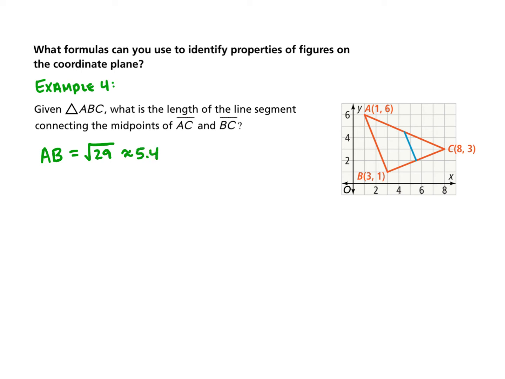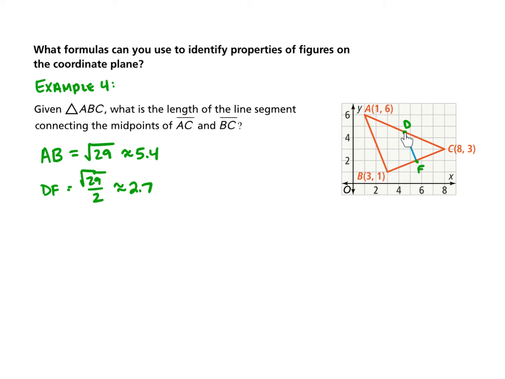If I label this segment as segment DF, then segment DF's length would be square root 29 over 2, as an exact answer, or approximately 2.7 as a decimal. That's obviously the shortest way, but it requires you remembering that the midsegment has half the length of the third side.